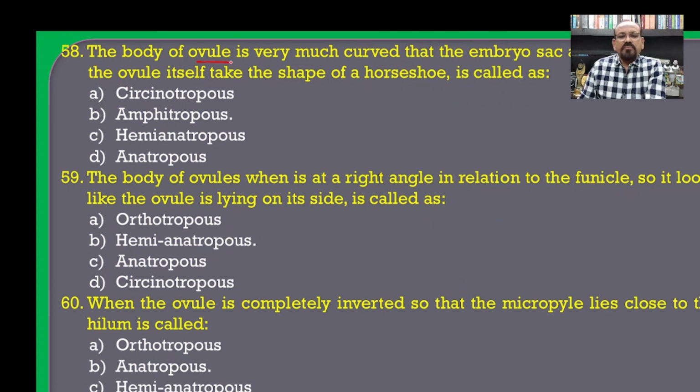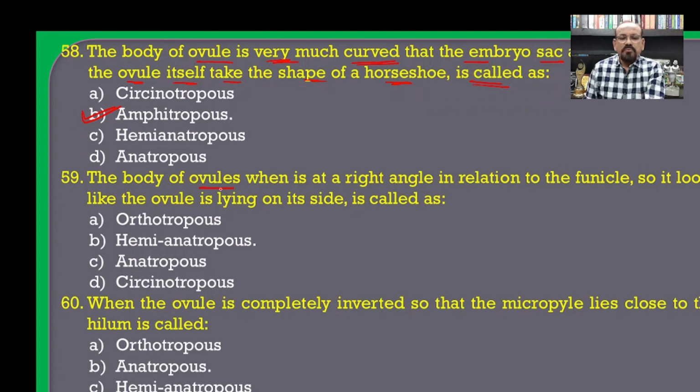Then the body of the ovule is very much curved, so that the embryo sac and the ovule itself take the shape of a horseshoe, is called as. Such a type of condition in the ovule is known as the amphitropous type of ovule.